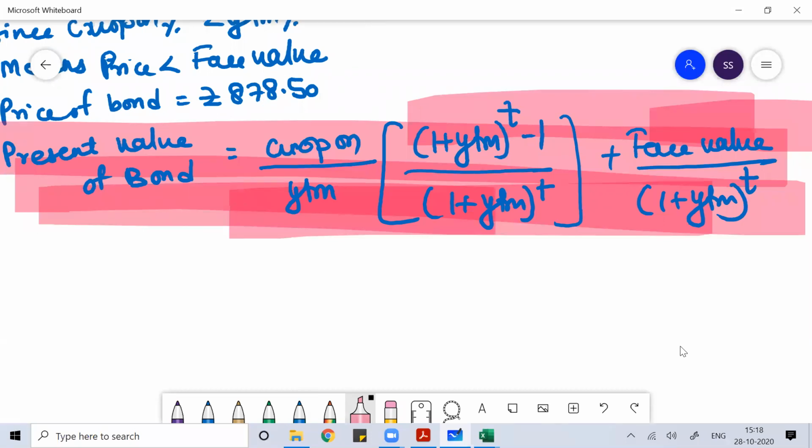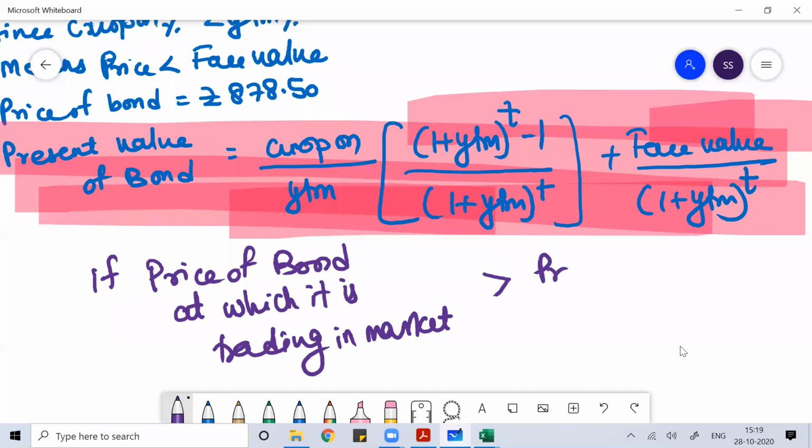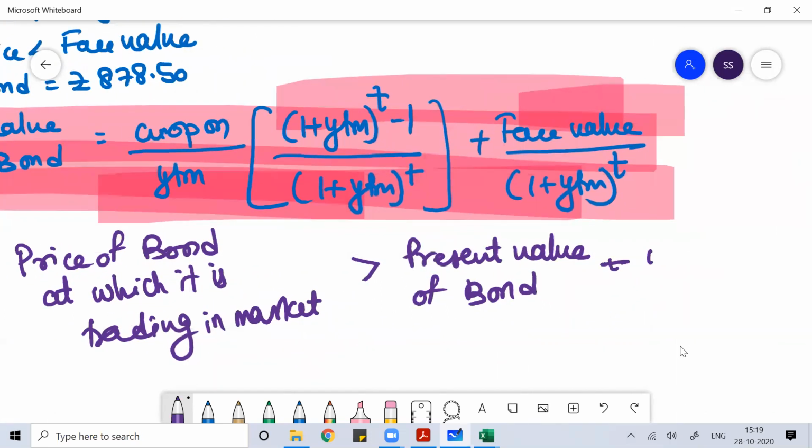So if the price of the bond at which it is trading in the market is more than the present value of the bond, price is more, value is less, so we should not buy it because it is overvalued.